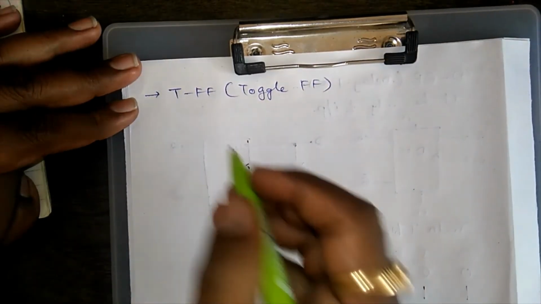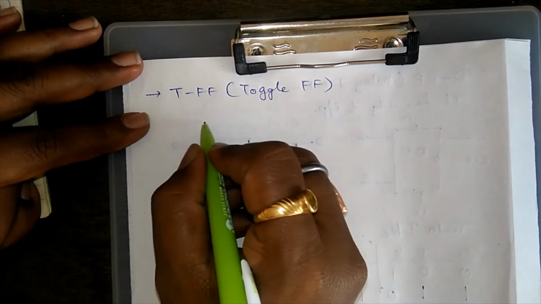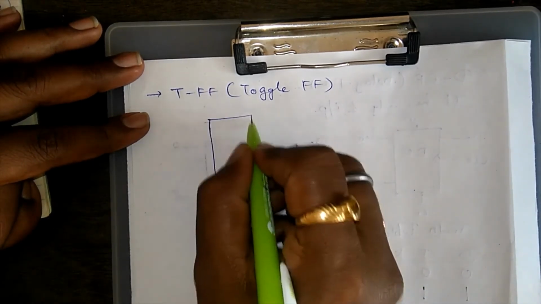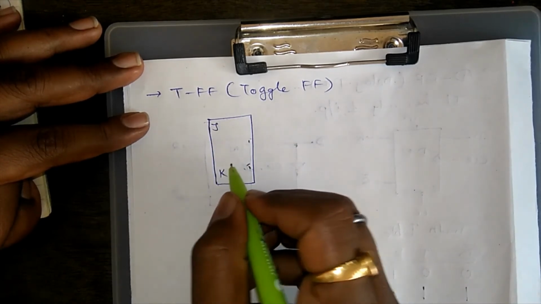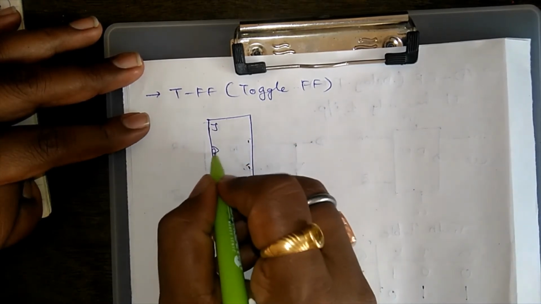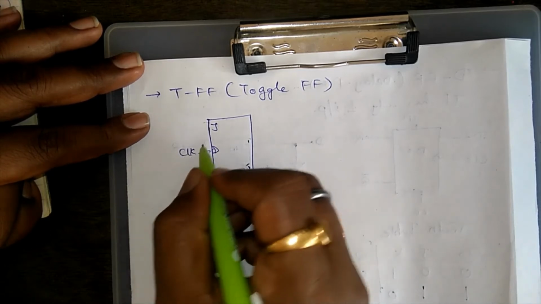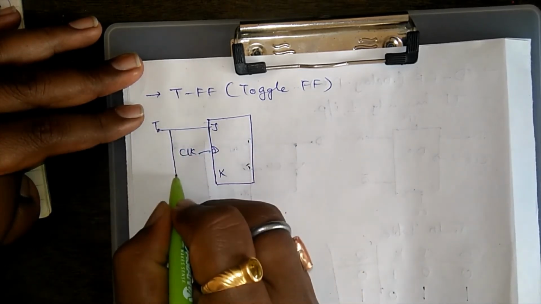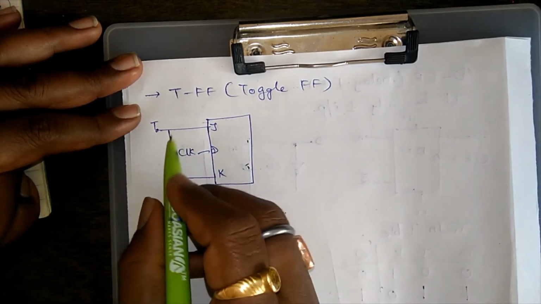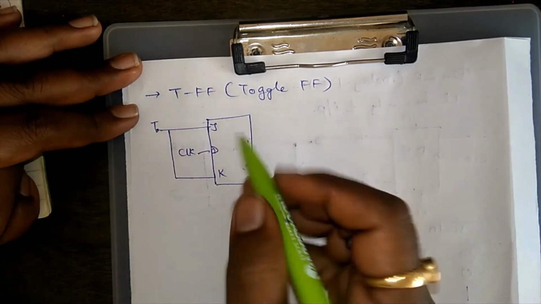Now first of all is the symbol. J, K, clock, and this is T. Here you can see this is the T flip-flop.